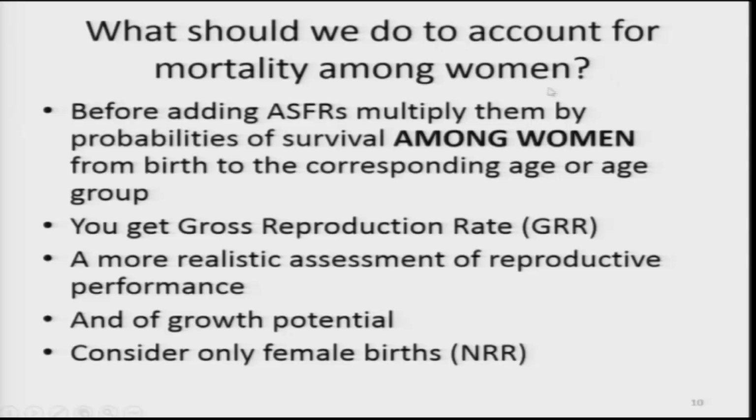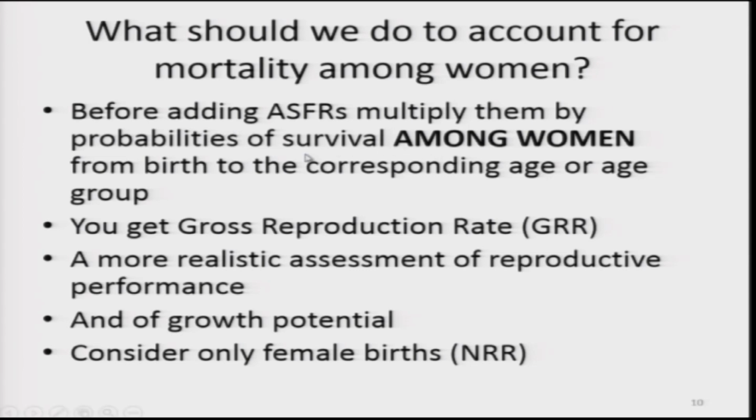What should we do to account for mortality among women? The answer is that before adding age specific fertility rates, multiply them by probabilities of survival among women from birth to corresponding age or age group. These mortality rates and survival rates can be obtained from the life table for the corresponding period.